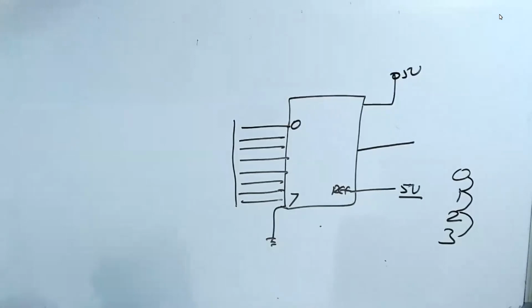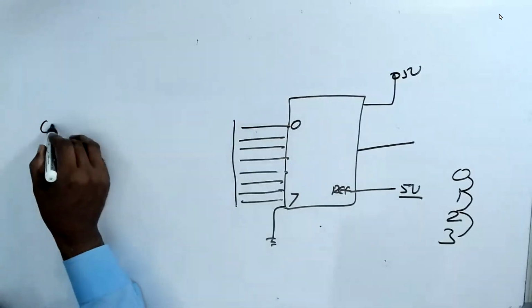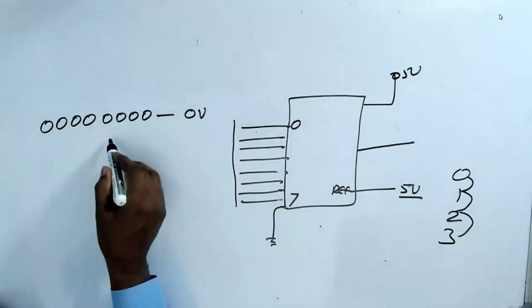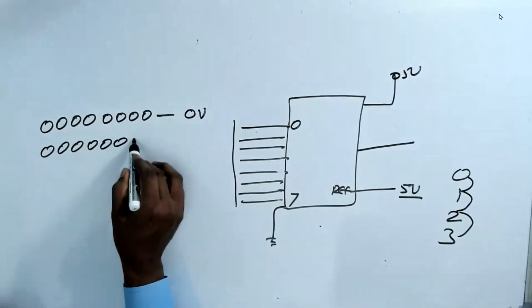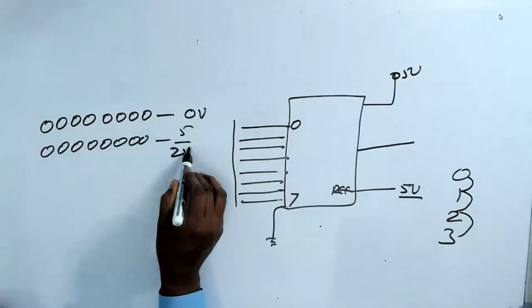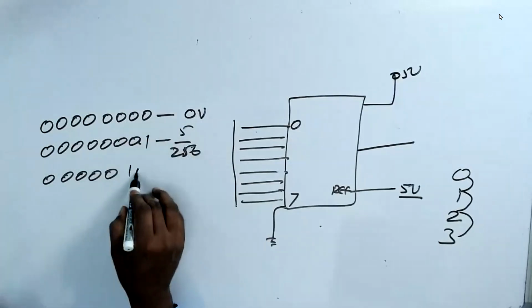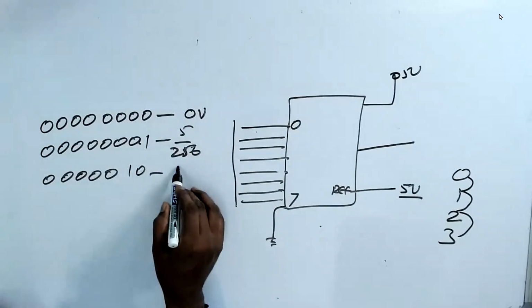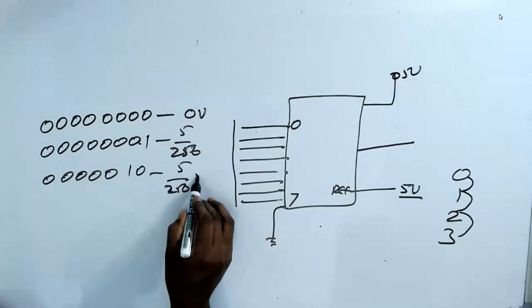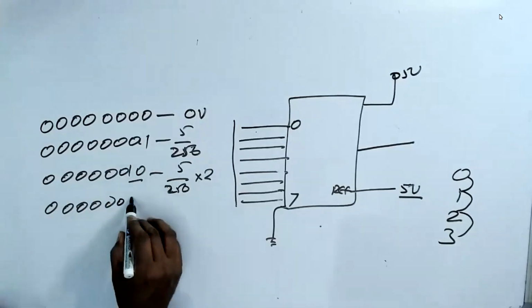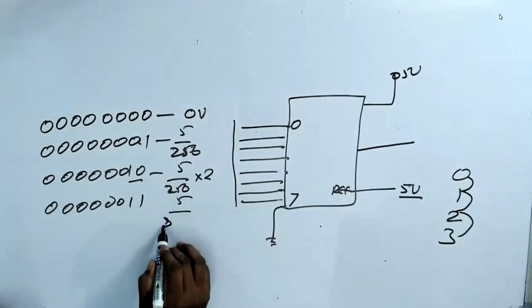So what they do here is, for every number there is a voltage. Number 1 means 5 by 256. Number 2 means 5 by 256 into 2. 3 means 5 by 256 into 3.